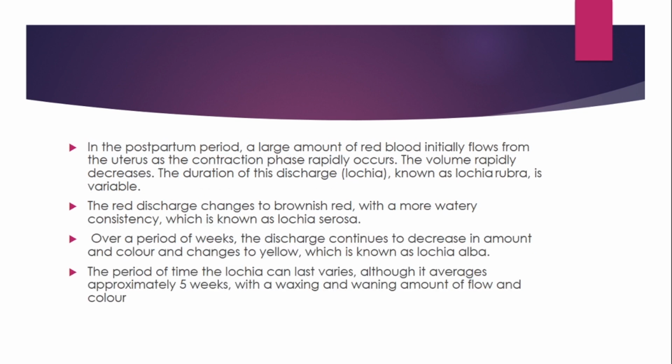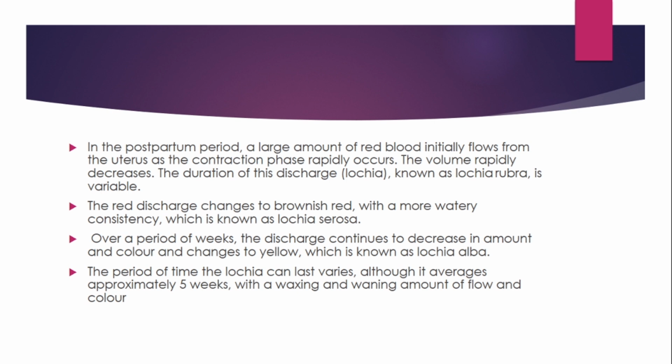So now, in the postpartum period, a large amount of red blood initially flows from the uterus as the contraction phase rapidly occurs. The volume rapidly decreases. The duration of the discharge, that is lochia, known as lochia rubra, is variable. Rubra actually means red, so that's why we call it red blood.